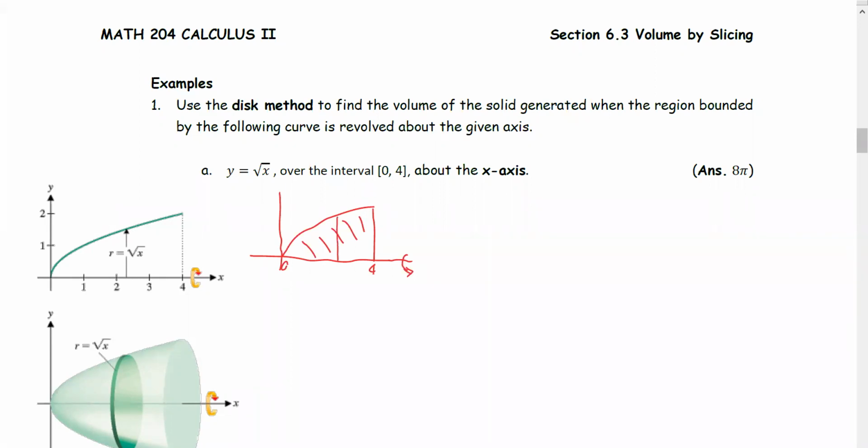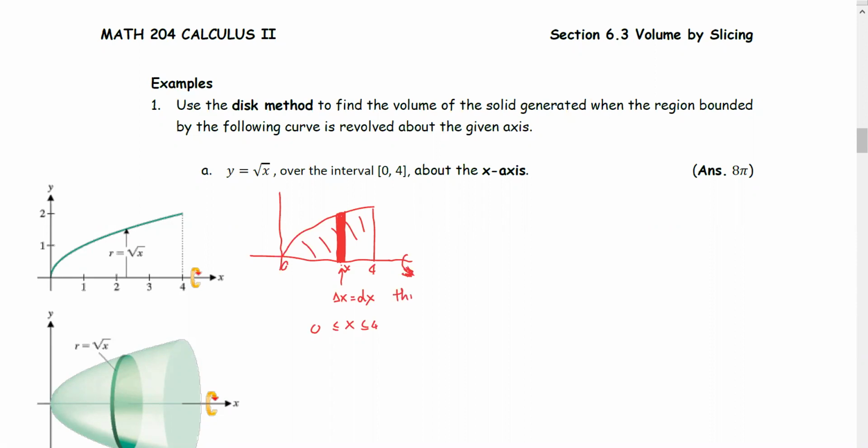The slicing technique tells you that one slice, or one rectangle in the region here, is perpendicular to the axis of revolution. That tells you the thickness is delta x or dx, where x is from 0 to 4. As you pretend to move this slice to the left and to the right, starting from 0 to 4, x can be anywhere between 0 and 4.